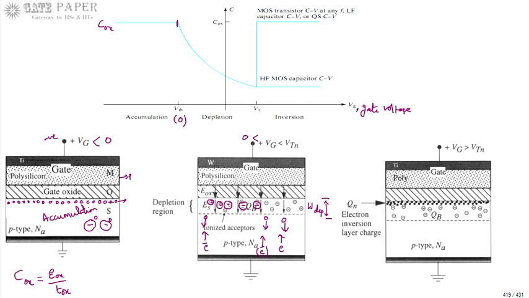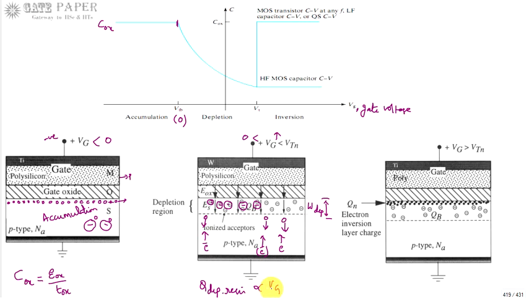If you observe, as Vg stays within the limits 0 to Vtn, as Vg increases you get more depletion region, and as Vg reduces you get less depletion region. So the depletion region is a function of gate voltage within the limits 0 to Vtn. The depletion charge, say Qb, is the depletion charge or bulk charge, and the charge in the depletion region is directly proportional to gate voltage.